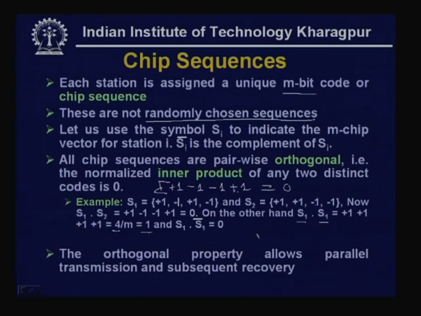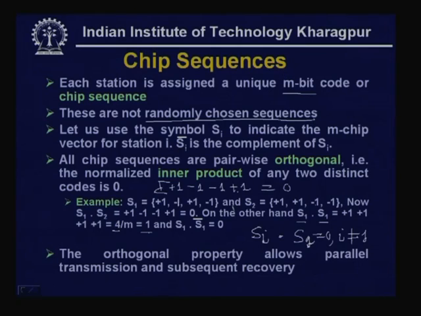That means, if a code Si is multiplied with Sj where i is not equal to j, then it is 0. And also whenever it is multiplied with its complement it is 0. So, this is the orthogonality property to be satisfied by the chip sequences.